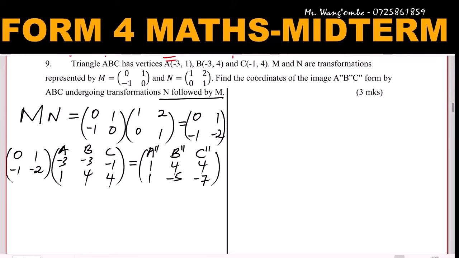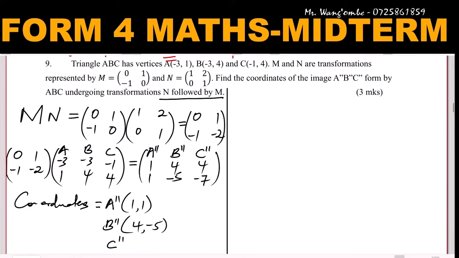So that is what you get when you multiply. Now you're required to give the coordinates. The coordinates will be given as A double prime, that is (1, 1), B double prime, (4, -5), C double prime, (4, -7).